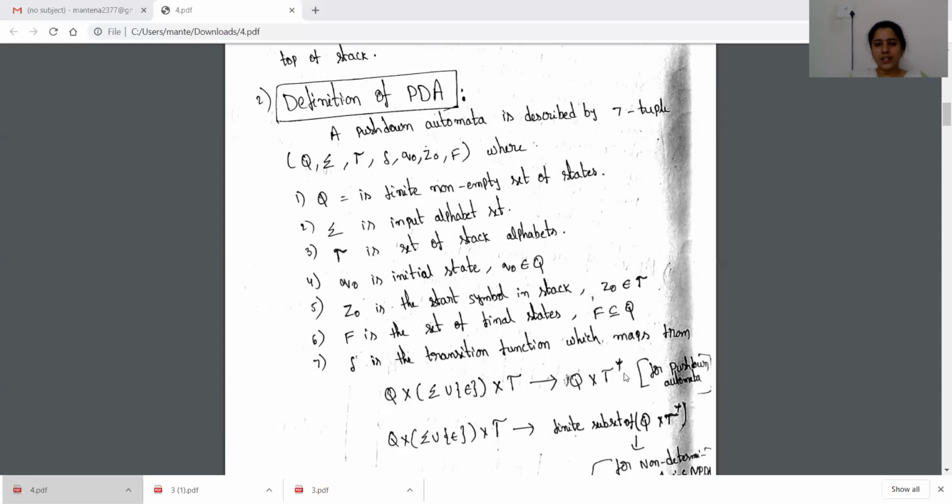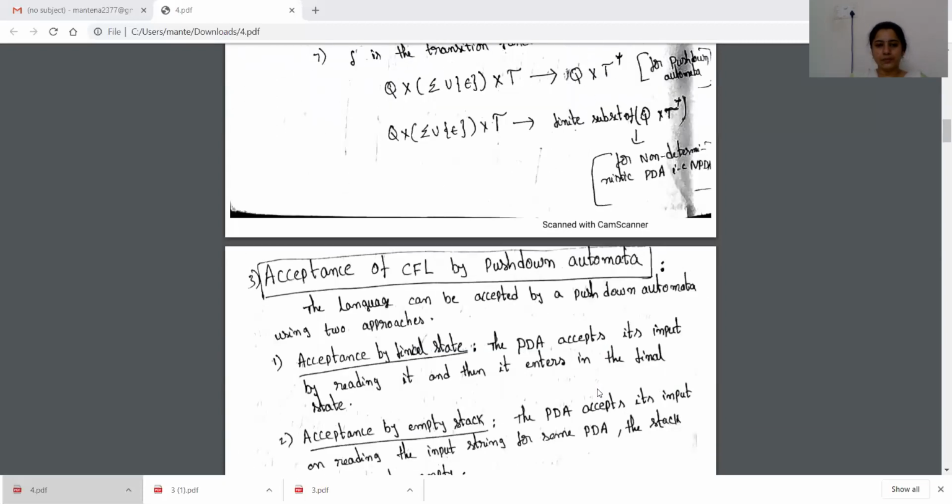That's why in the transition function, on the left side we have Q cross sigma, meaning input, and we can use epsilon also as an input symbol, cross tau. Tau means we have to read the stack symbol also. So on the right side we have Q cross tau star. From one state we go to another state Q by doing either a push or pop operation. That push and pop operation is represented by tau star. I will show you how that works.